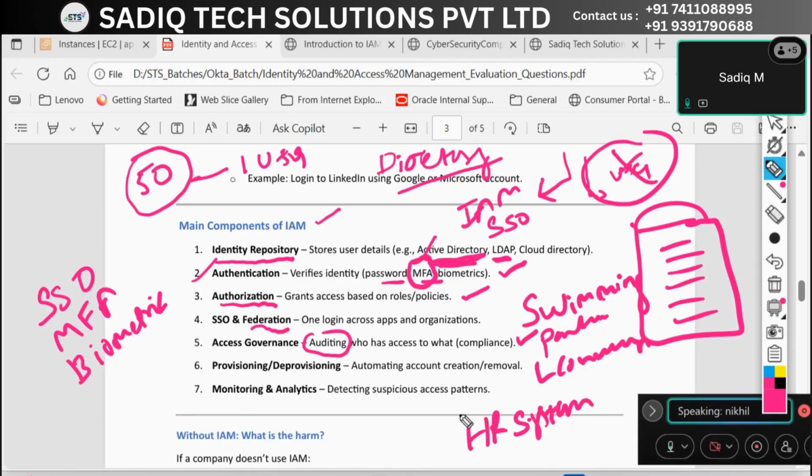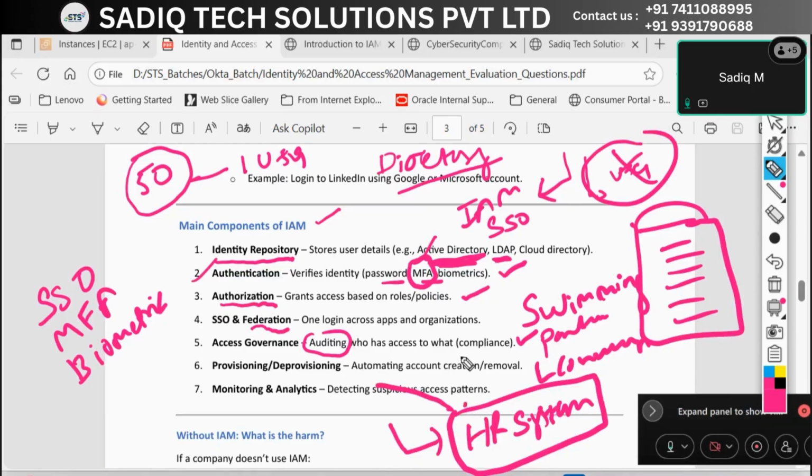So in the HR system, they will enter the user details of whoever joined the organization. And from the HR system, based on various factors, he will get access to different applications. That is called user provisioning, right?